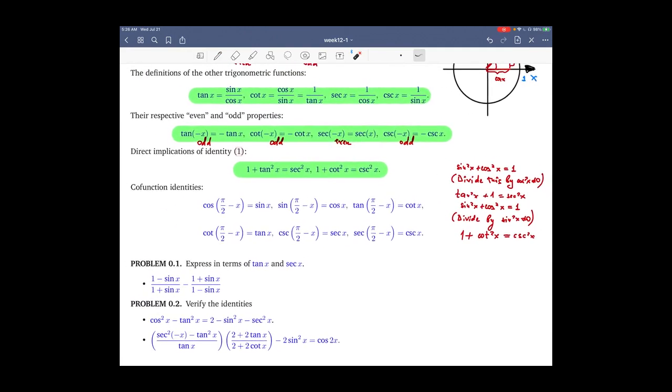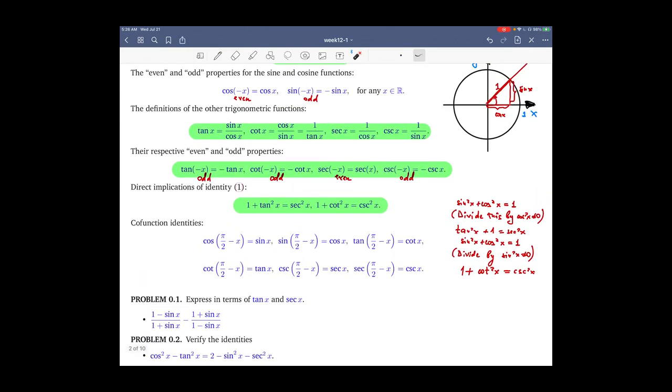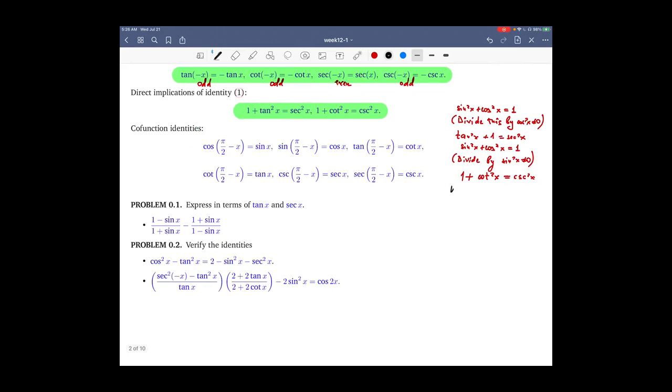Let's recall real quick how we, for instance, know that cotangent is odd. Why is cotangent odd? Well, cotangent, remember, is defined as cosine over sine. So cotangent of negative x is cosine of negative x over sine of negative x.